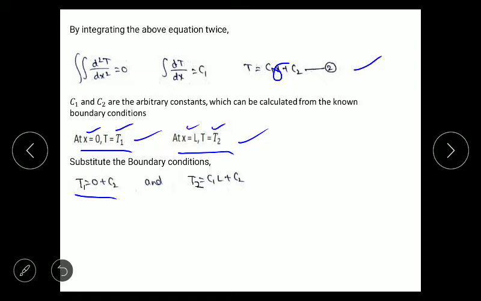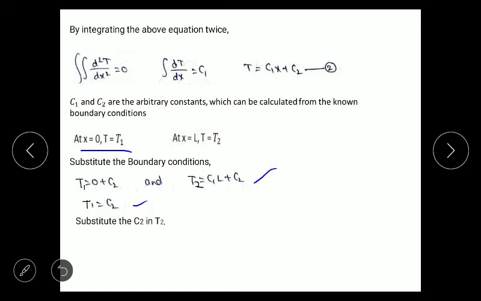T2 is equal to C1 into x is L plus C2. Now from this equation, T1 is equal to C2. Substitute this C2 value in the T2 equation. Then the T2 equation now becomes T2 equal to C1 into L plus, in place of C2 substitute T1.